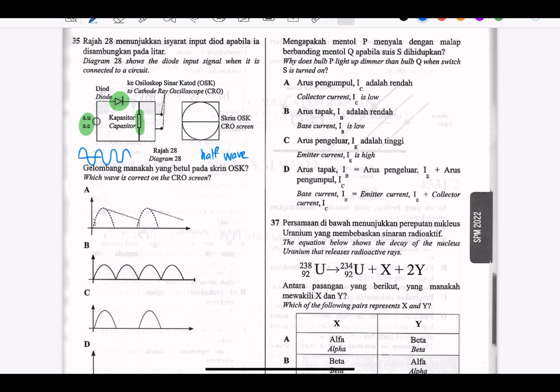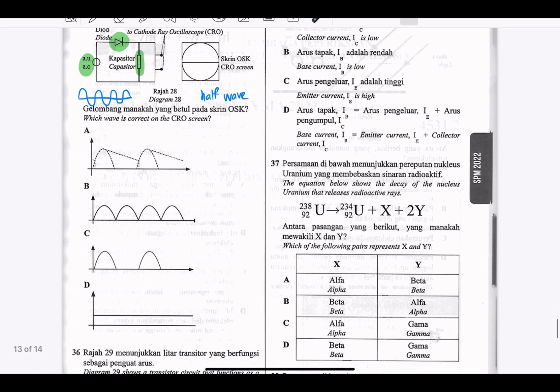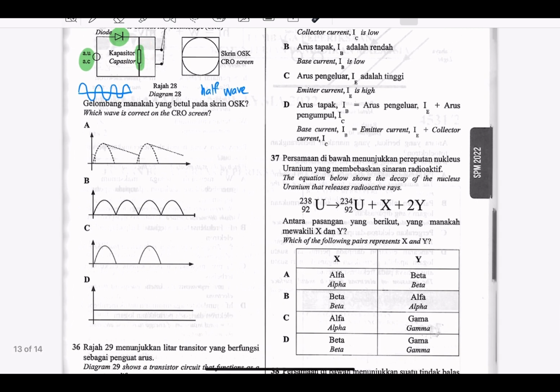The diode only allows the current to flow in one direction only, so it's a half wave. And there's a capacitor. The capacitor will smoothen the current. A half wave and smoothened. The answer should be A. And this should be a solid line, something like this.